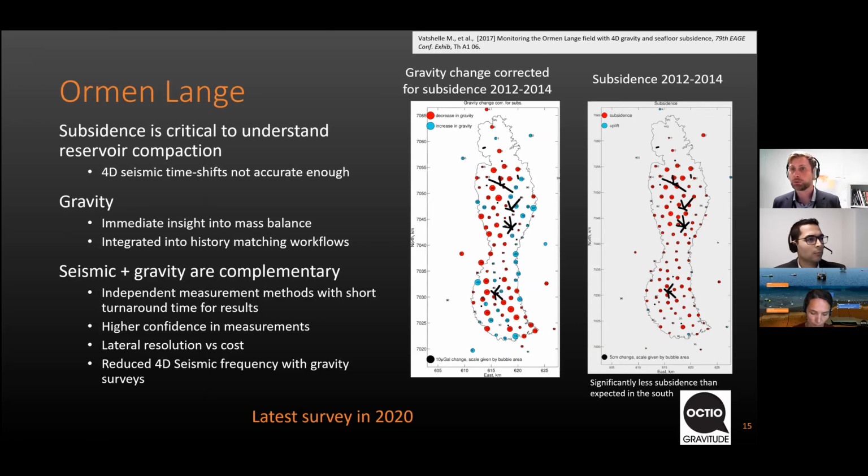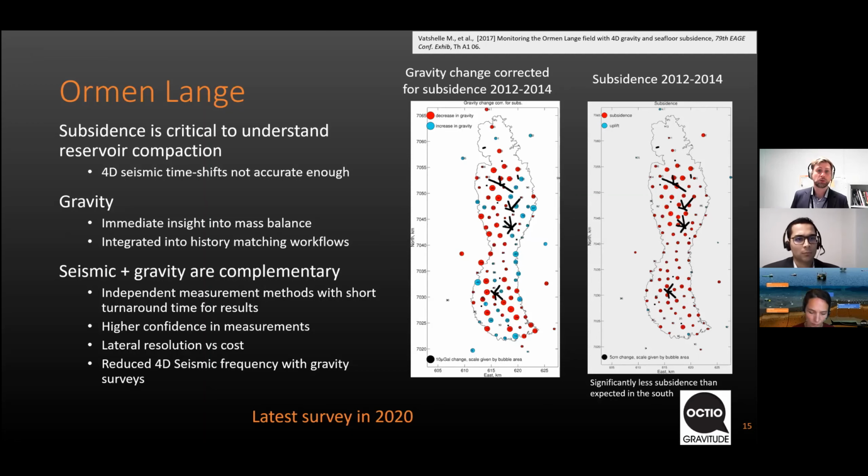This is coming from a publication in 2017 on the Ormen Lange. From this paper and the status in 2017, subsidence is quite critical to understand the reservoir compaction, and it's not accurate enough to use 4D seismic time shifts for this type of analysis.